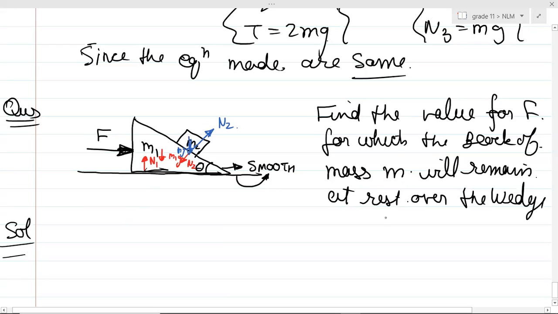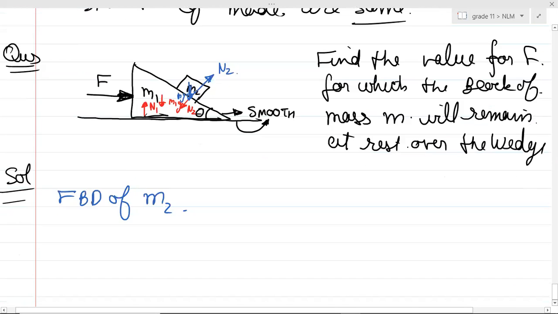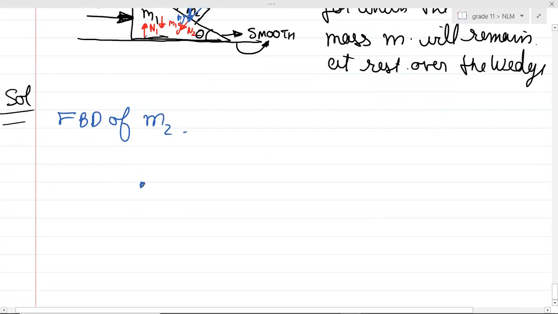So only two forces are there, right? So if I draw the free body diagram of M2, it will be M2G in the downward direction and N2 in this direction. Yes or no? And please remember, this is with respect to ground.